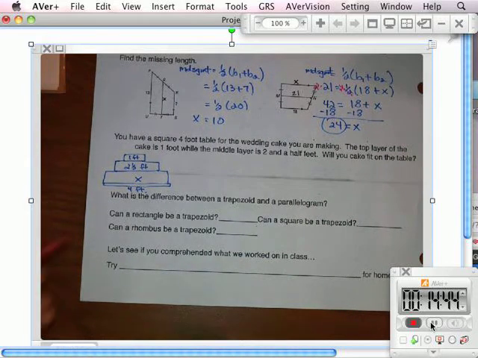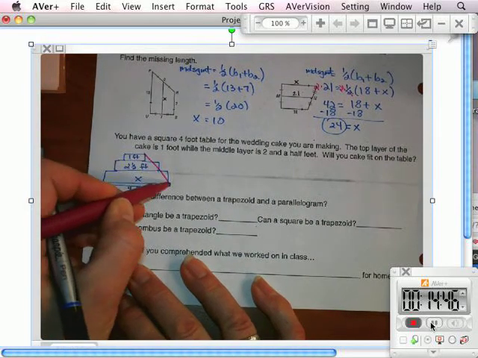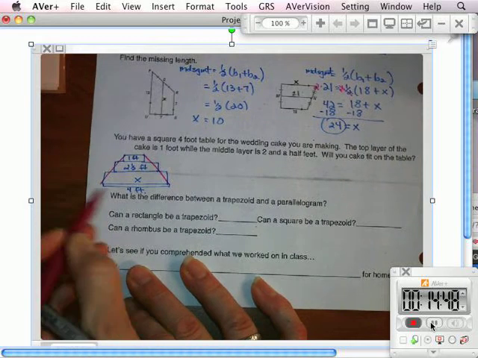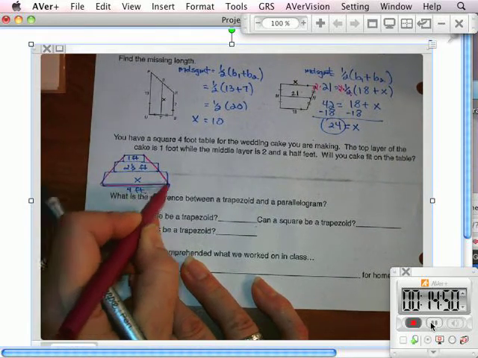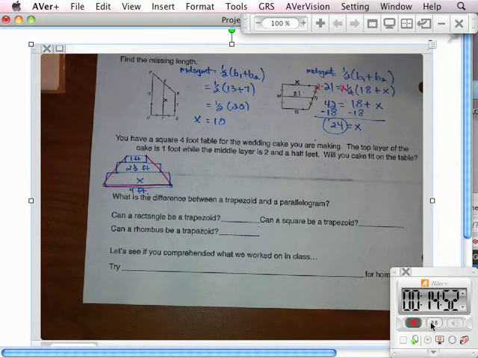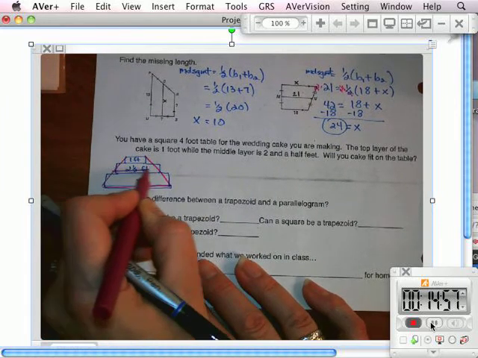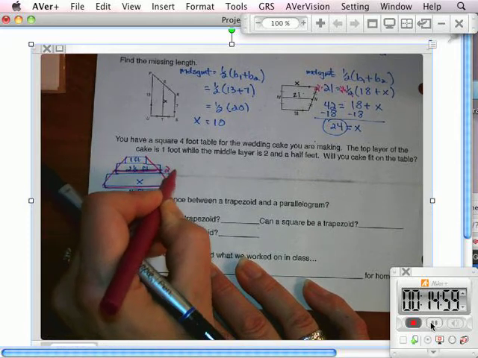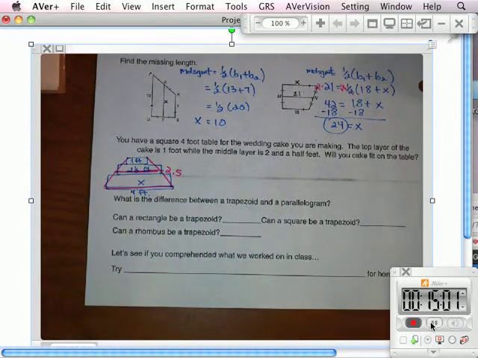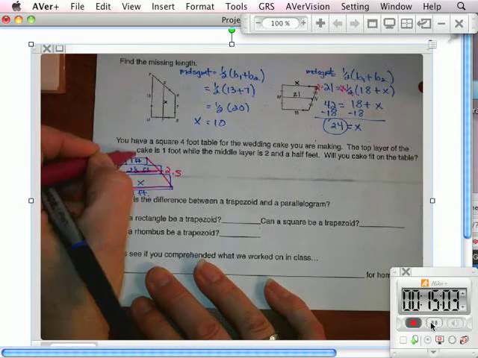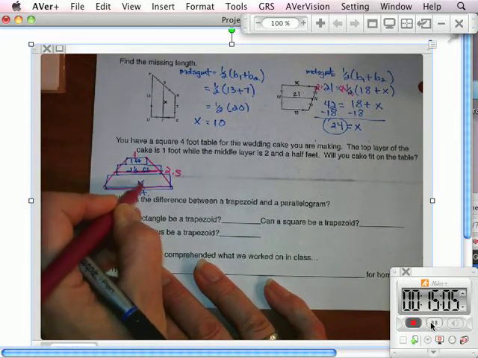So if you kind of draw a picture here, what you pretty much have is a trapezoid. Can you see that? And they gave me the middle layer as 2.5. The top layer is 1. I need to know what this is to see if it's bigger than 4.